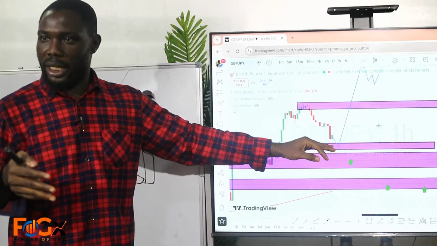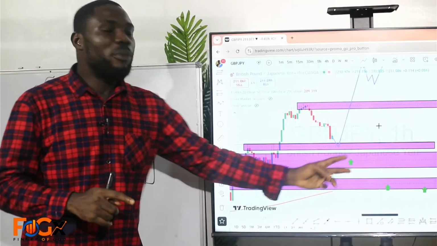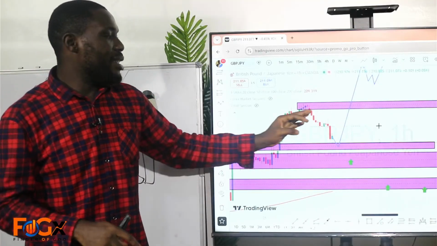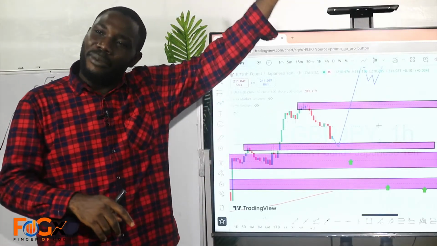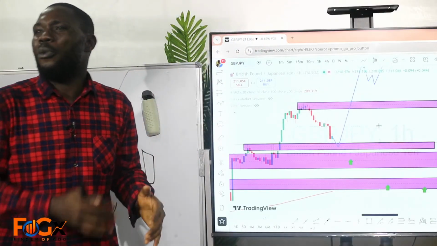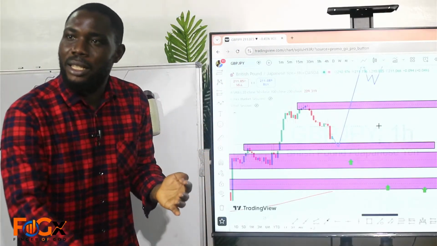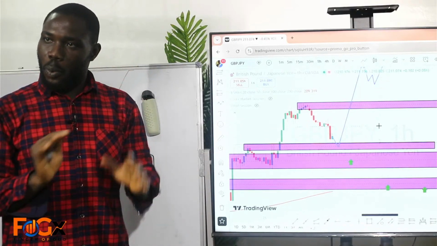I hope you understand. So the health of the candlesticks, one; our moving average, two; the area where we want to buy. Are we buying expensive, or are we buying at a very good discount, or are we selling very expensive, or are we selling at a premium price? I hope we understand all these things.